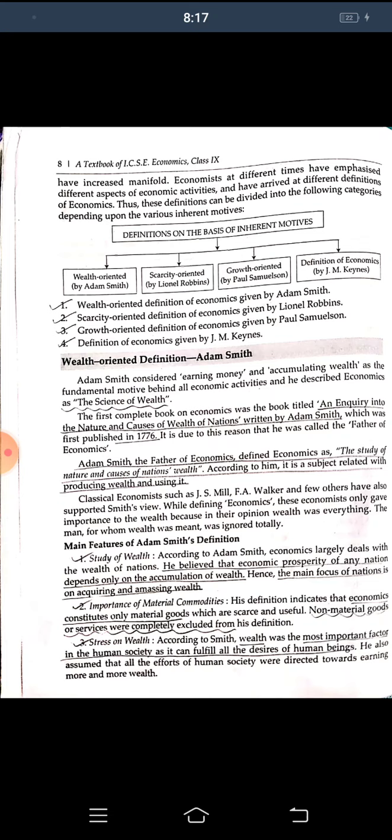He described it as scarcity oriented. Here the scarcity is about natural resources. Number 3 is Paul Samuelson. He described it on the basis of growth orientation. And the last one is J.M. Keynes. He defined economics in the most modern way.